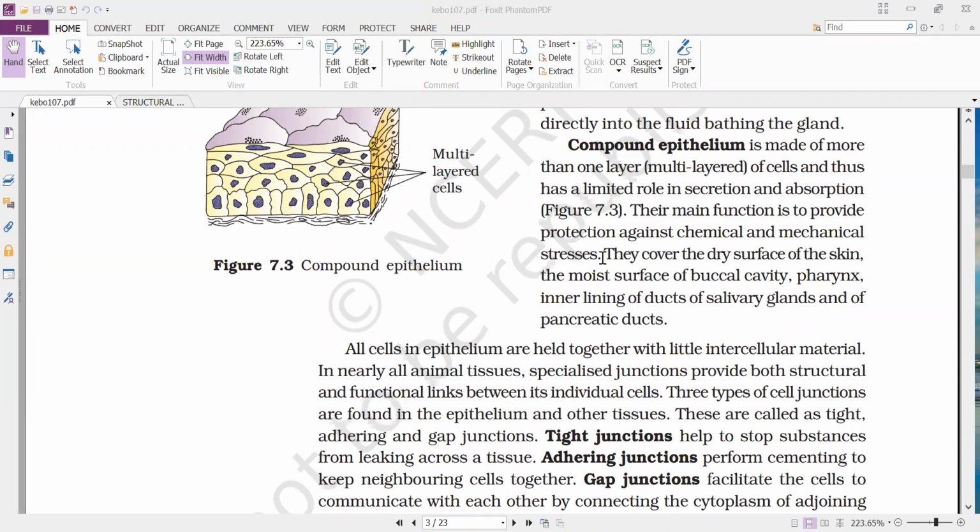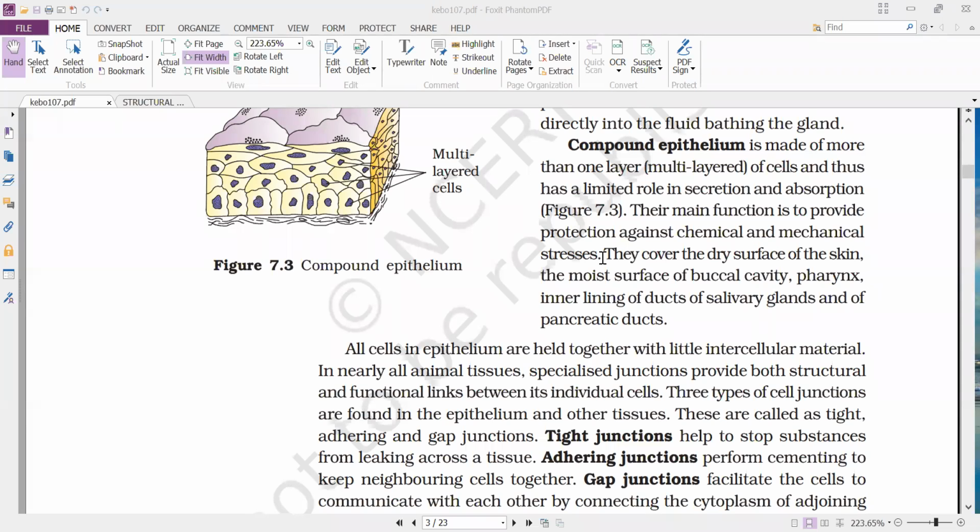Usually this compound epithelium is present as the covering of the body parts, and it is involved in providing protection against chemical and mechanical stress.